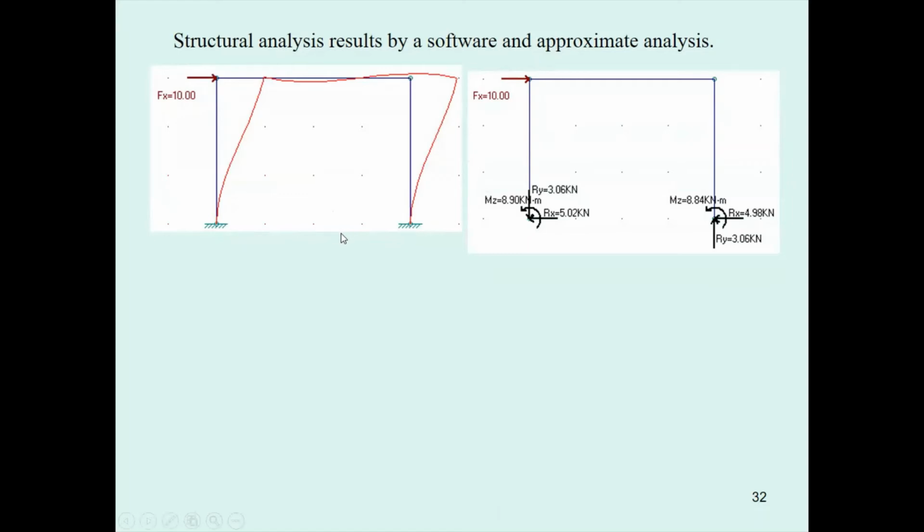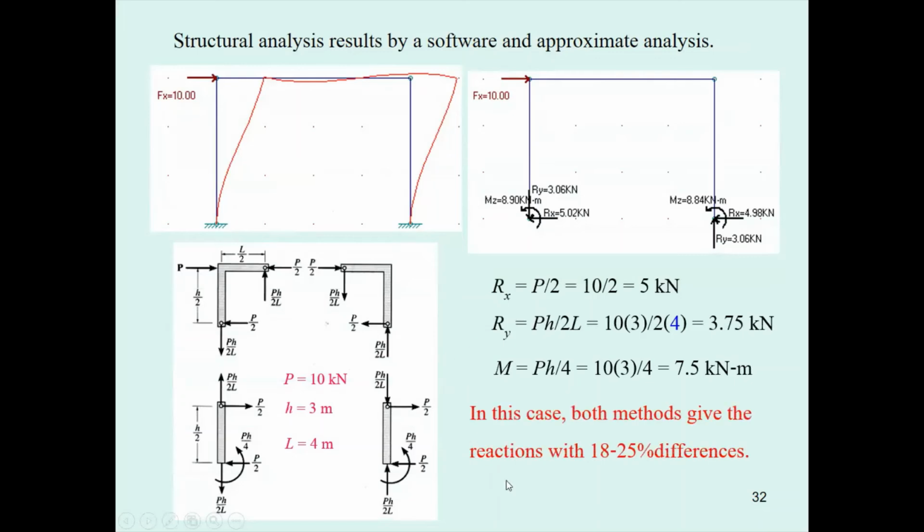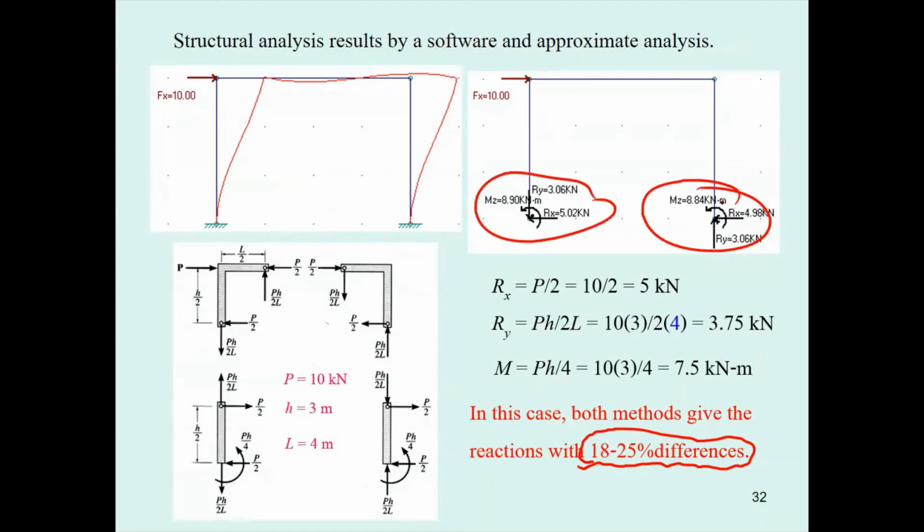With the computer program, but this time the result is not the same as the previous frame. When you compare it, you can see some error occurs in this one because it depends on the structure, it depends on the support that we use, approximate analysis.